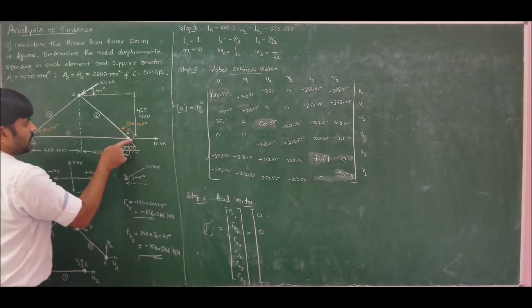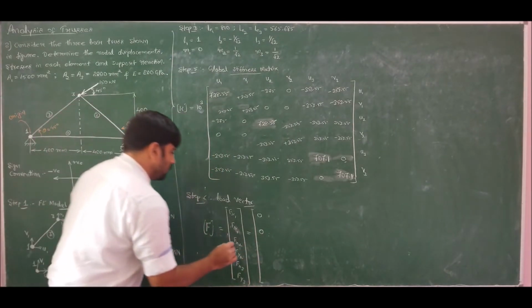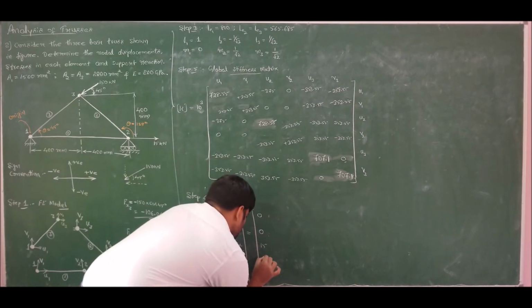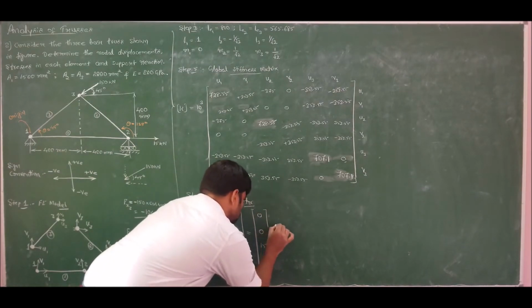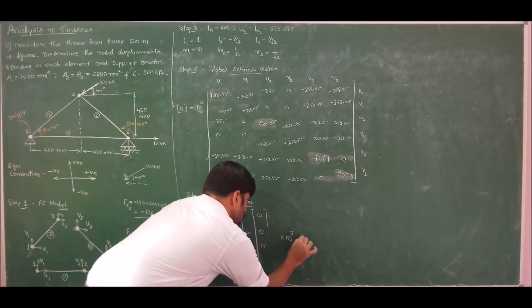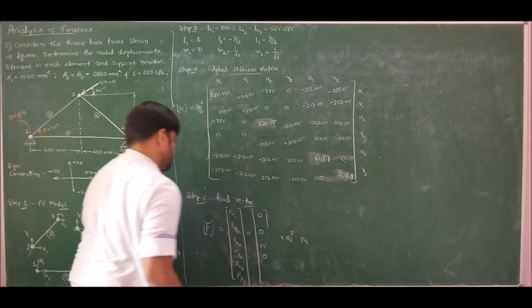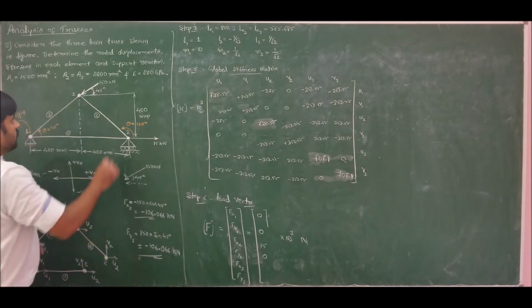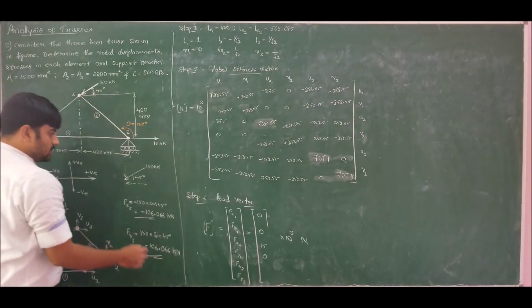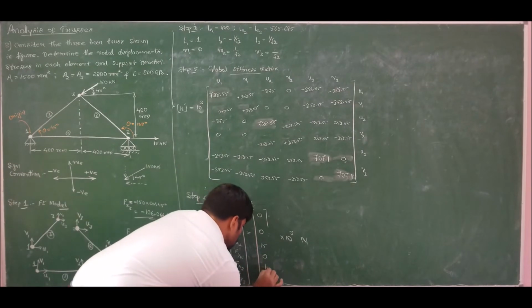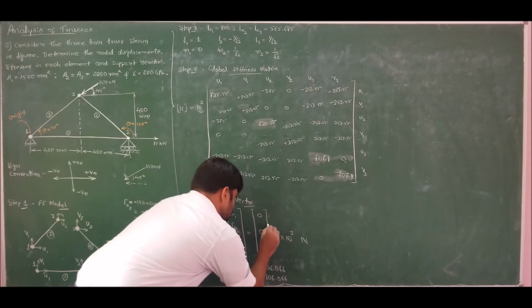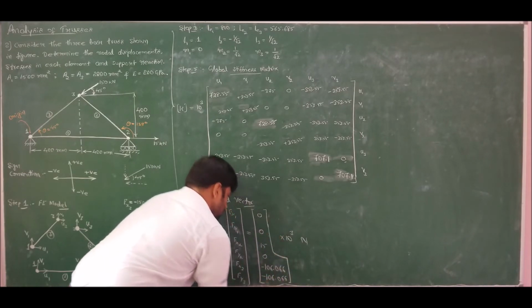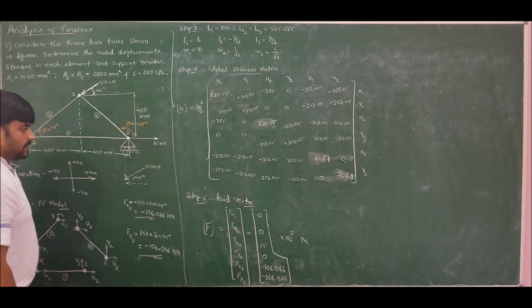At node 2 we have load of 15 kN along x direction, so therefore it is 15 into 10 to the power of 3. In y direction we don't have any load. Whereas coming for node 3, we have resolved. In x direction we have minus 106.066. In y direction also we have minus 106.066 kilonewtons. So this is the load vector for the given problem.